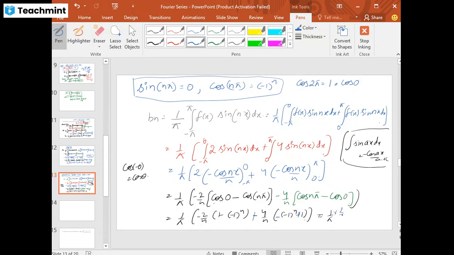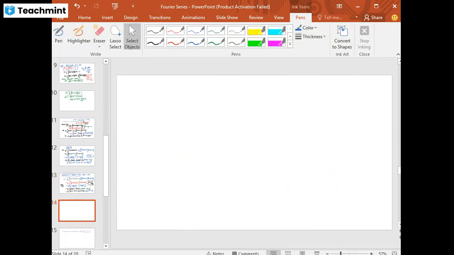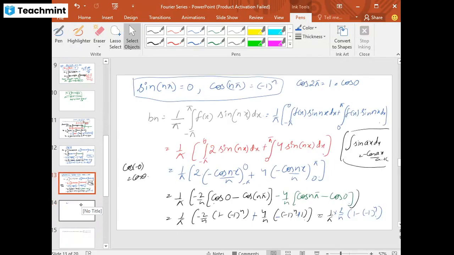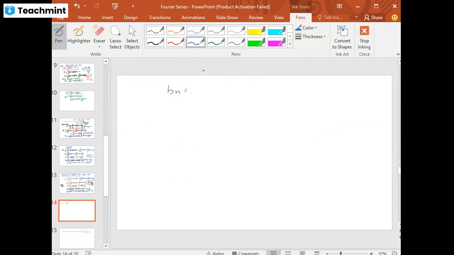So 2 upon n, 1 minus (minus 1) raised to power n. So this is the value of Bn. So what is the value of Bn? This is equal to 2 upon n pi, 1 minus (minus 1) raised to the power n.